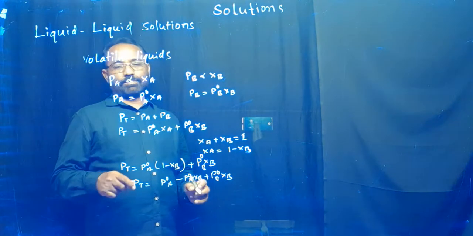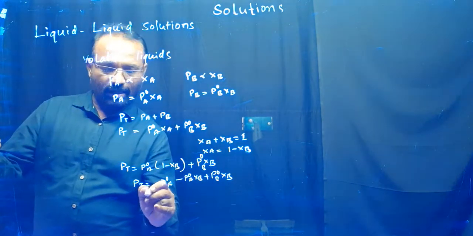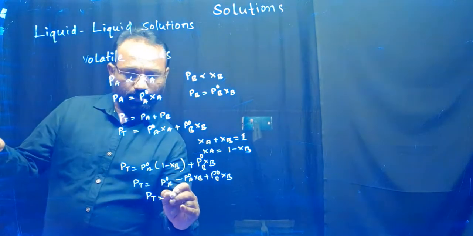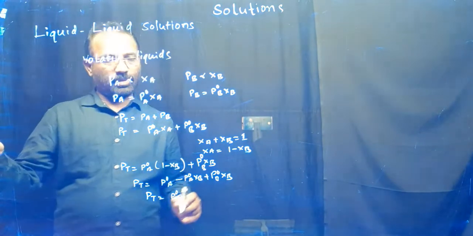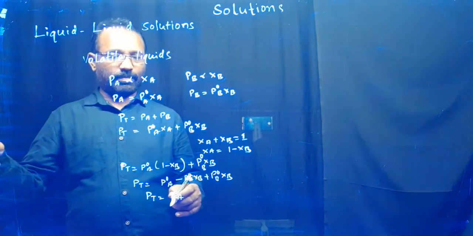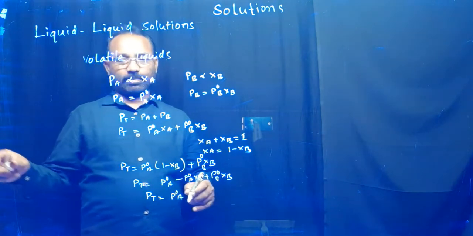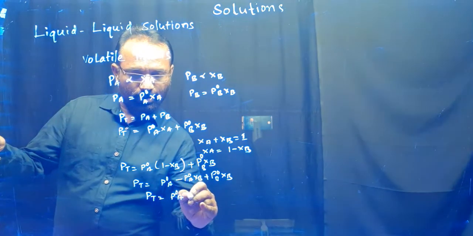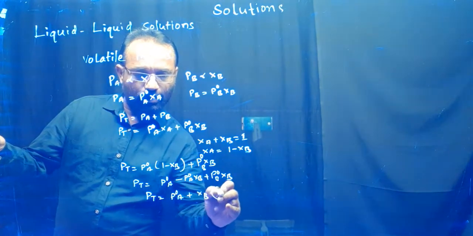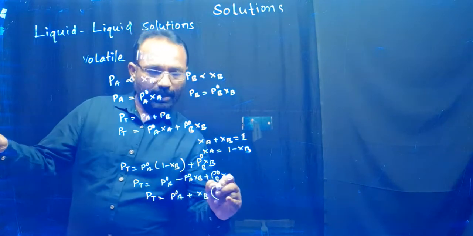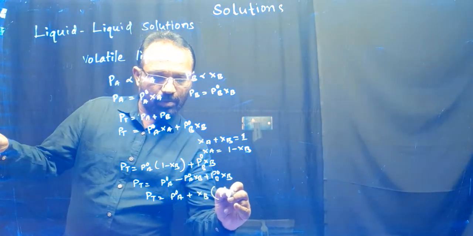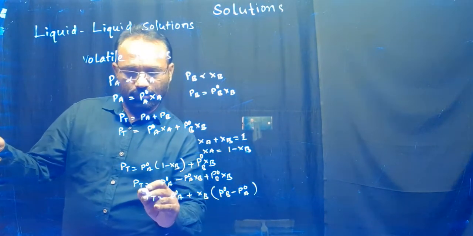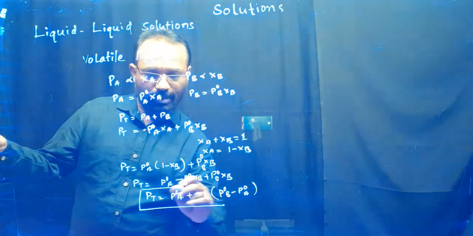Here XB is common. Therefore, P total equals P naught A plus XB into P naught B minus P naught A.